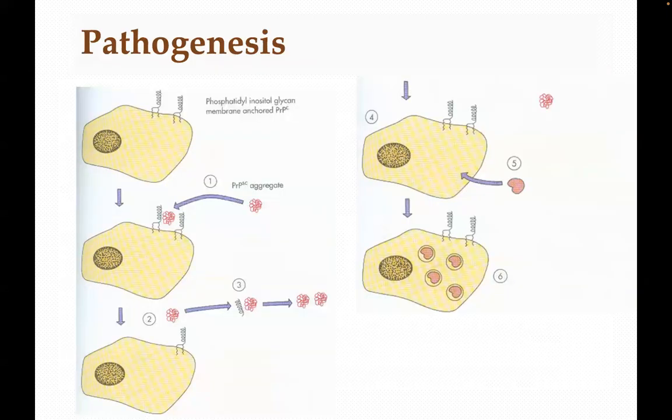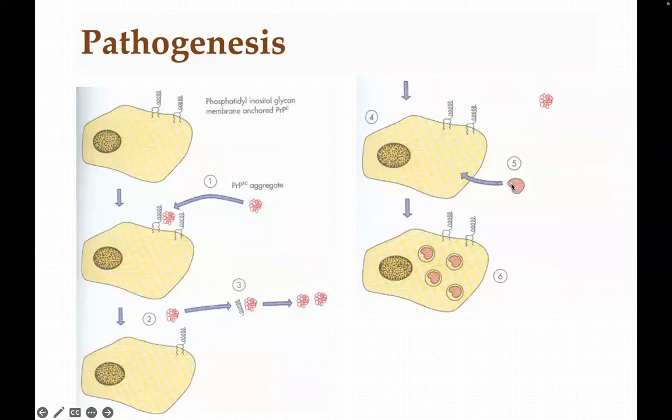So this also is just a diagram illustrating the same thing that we have been talking about. We can see the normal PrPC anchored on the cell membrane. And once this abnormal one that has already formed an aggregate comes into contact with this normal one, then it converts it to the abnormal one and makes it misfold. And then once that happens, they form these aggregates that are here.